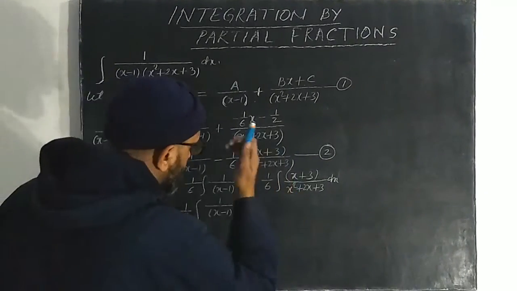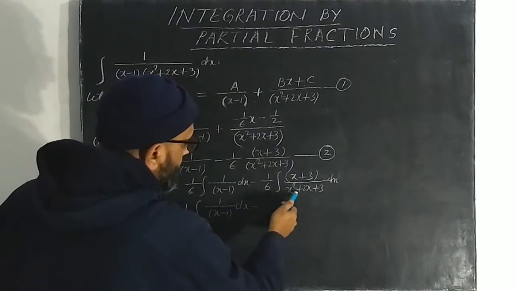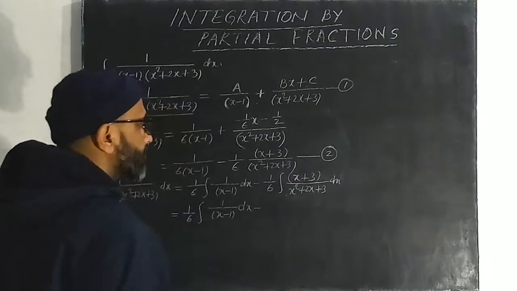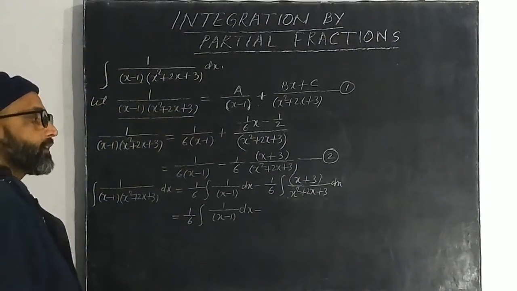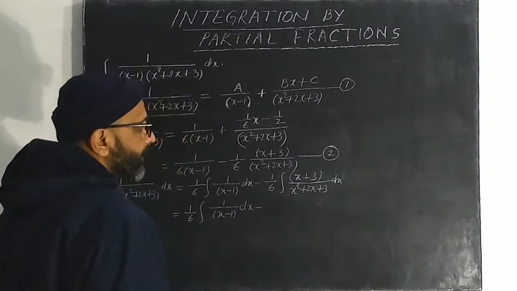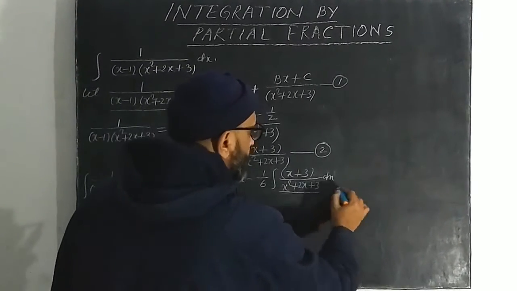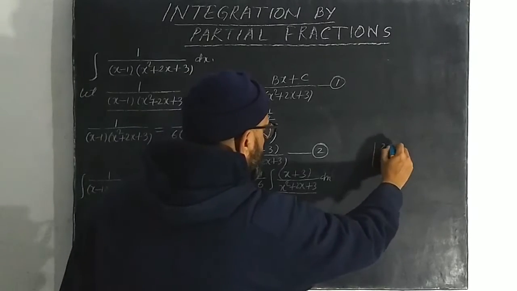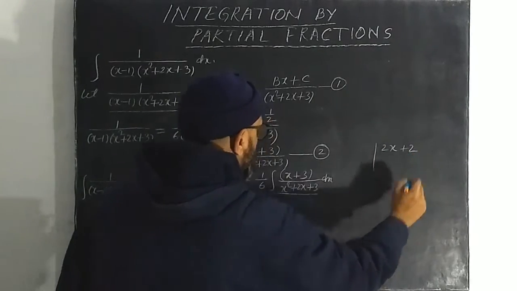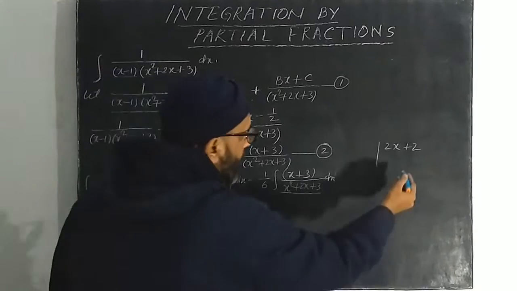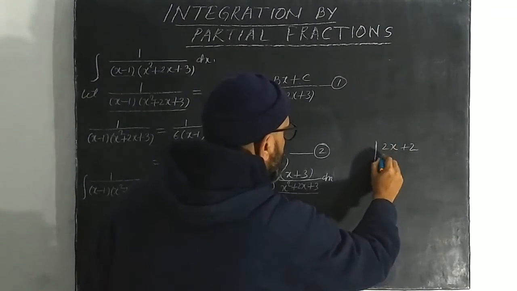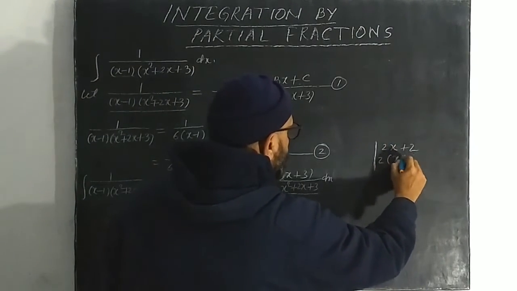But here we have to do something else, because there is a quadratic expression in the denominator and a linear one in the numerator. So in this case we find the differential of the denominator, first 2x plus 2, and taking common whatever we may take, we see what expressions we have in the bracket.